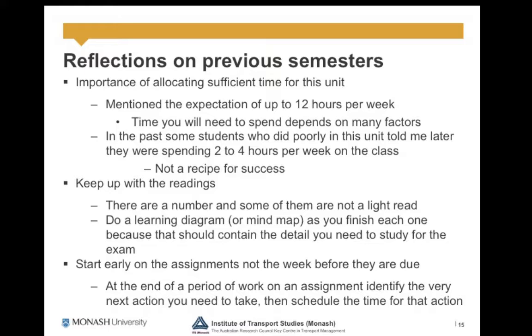But in the past, some of the students who did not do well in this unit mentioned to me afterwards that they were only spending 2 to 4 hours a week on this class. And that's really not a recipe for success. I'm not saying that everyone has to do the full 12, but if you're only allocating 2 or 3 or maybe 4 hours a week, that's not going to be enough to do well.